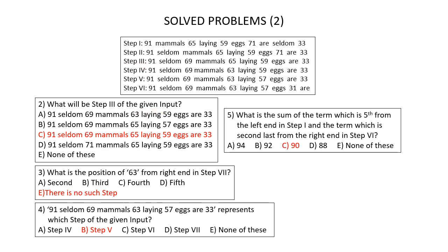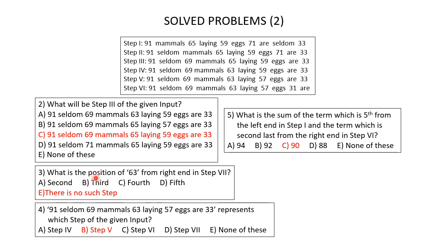So you have step 3 here and step 3 shows the order of numbers and words like this: 91 seldom, 69 mammals, 65 laying, 59 eggs, are 33. Now this same order of numbers and words is seen in option C. So the correct answer is option C.